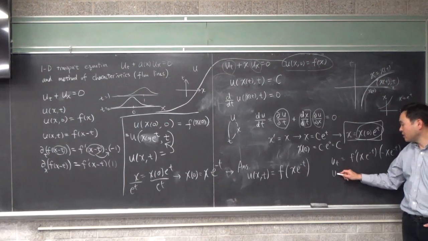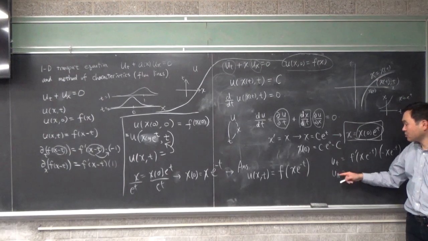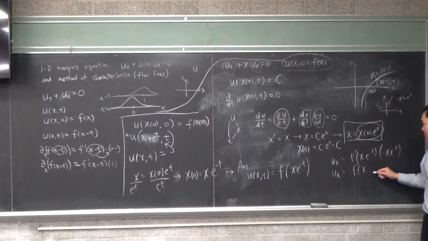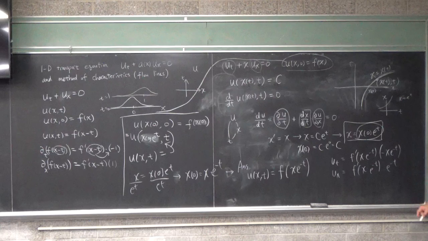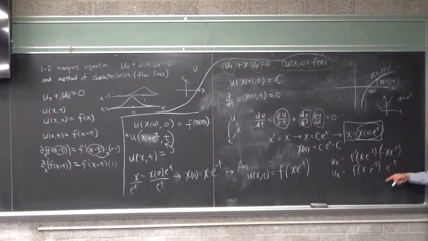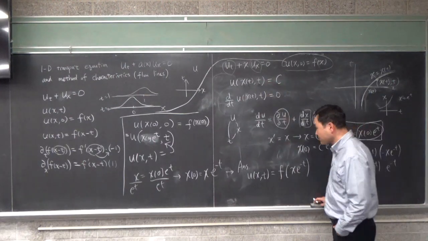On the other hand, u_x, if you differentiate by x, that's f prime of x times e to the negative t, and you pull this outside and differentiate by x, you just get e to the negative t. But then look at this, you multiply it by x on both sides and add up, you'll see that it's 0, right? So indeed this will satisfy the left side.